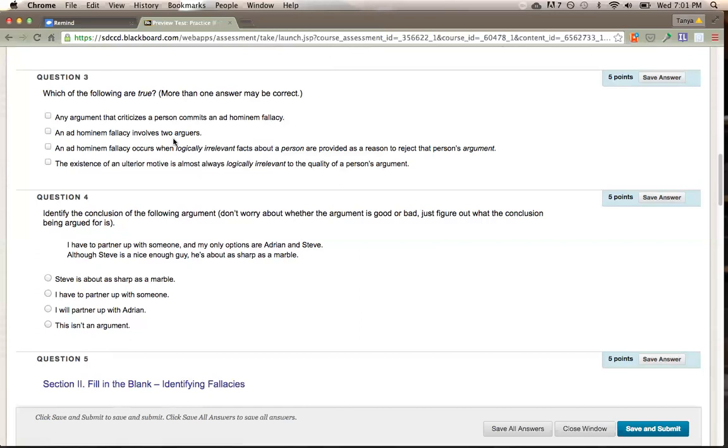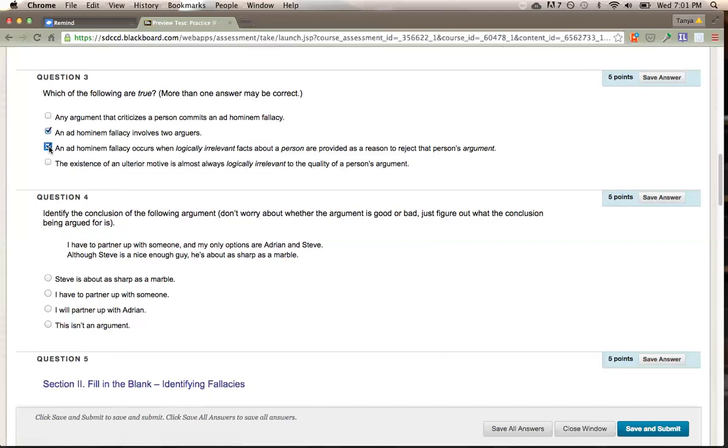The straw person fallacy, where one person is criticizing, or at least takes themselves to be criticizing, another person's argument, but in fact they aren't. They're mischaracterizing that argument. So it does involve two arguers. An ad hominem fallacy occurs when logically irrelevant facts about a person are provided as a reason to reject that person's argument.